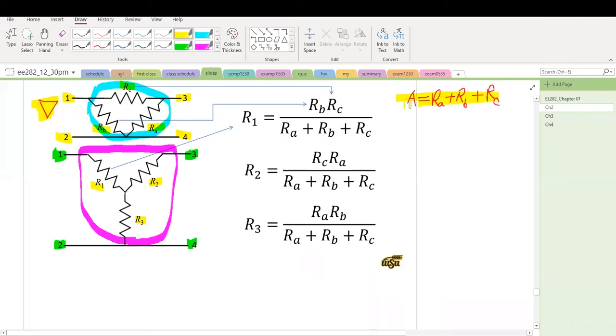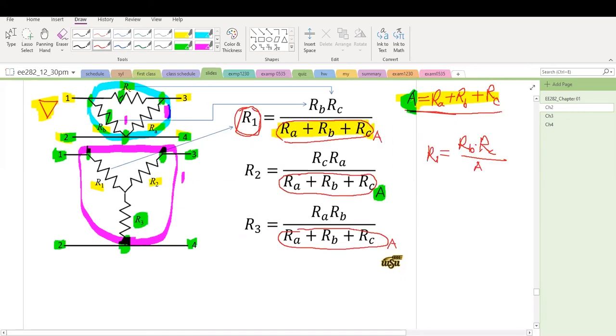As shorthand, if A equals RA plus RB plus RC, then R1 equals RB multiplied by RC divided by this quantity A. And R2 equals RC multiplied by RA divided by this quantity. To get more insight into the values of R1, R2, and R3, let's look at R1.